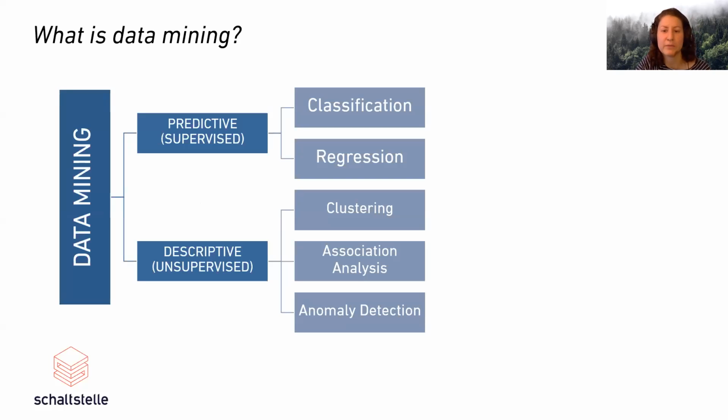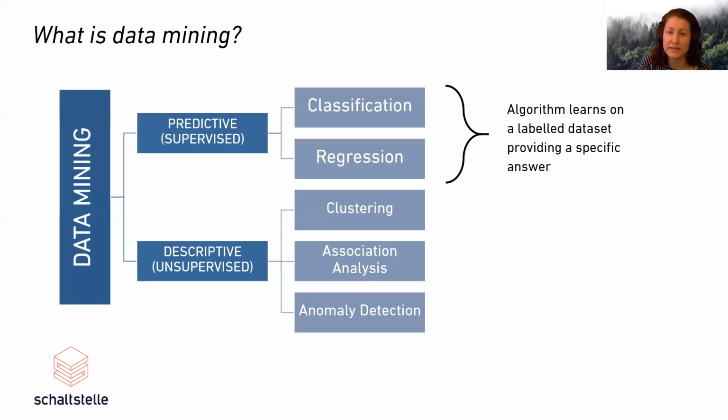So the goal of data mining is to extract information from a data set and transform the information so it can be used further. Data mining is divided in supervised and unsupervised learning, as you can see here. With supervised learning, the algorithm learns on a labeled data set and tries to find a specific solution to a question that you have. And it is done with classification or regression.